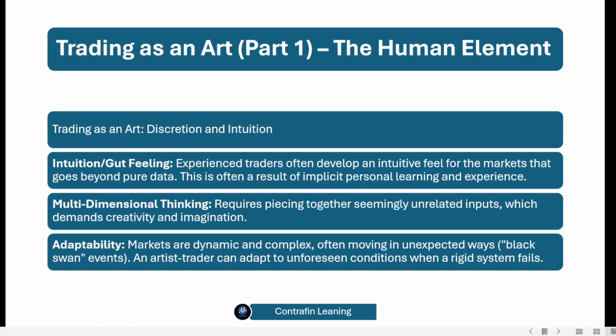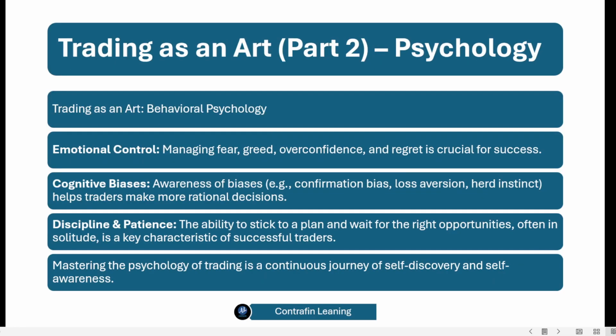If as a trader you think the market direction has changed, you can take the decision quickly because you are discretionary. So these are the art form of trading: intuition and gut feeling, multidimensional thinking, and adaptability. As an individual or discretionary trader, we can do all those things.